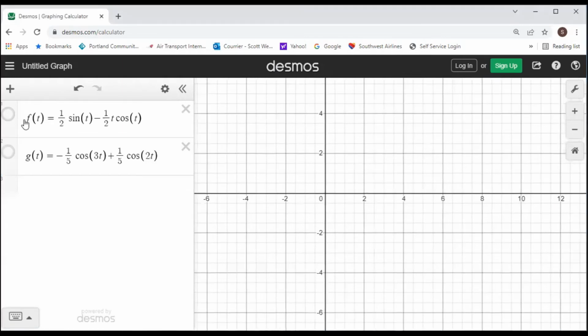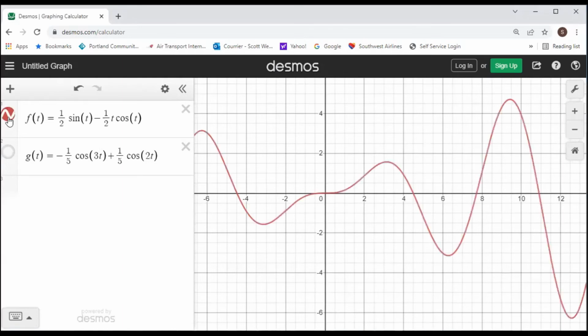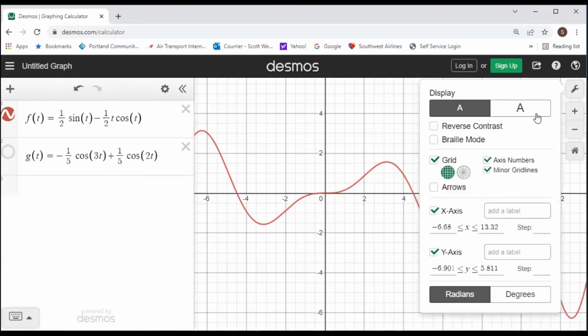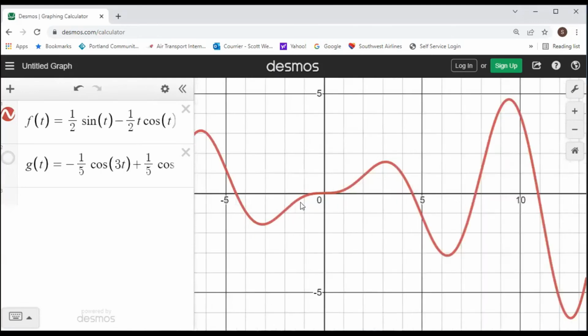So starting with f. f was the first one that we did, and this was one that had an instance of resonance. So let's see what that looks like. You'll notice that it is equal to 0 when t equals 0, just as the initial conditions promise, and that the derivative of it is also equal to 0 at that same point.